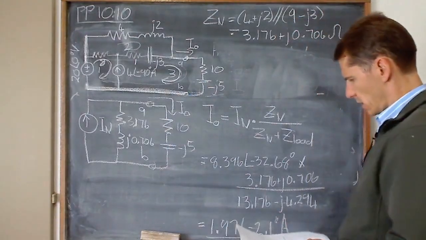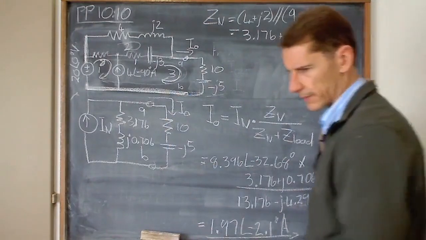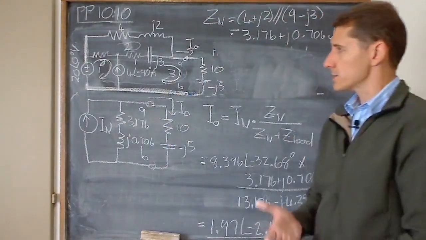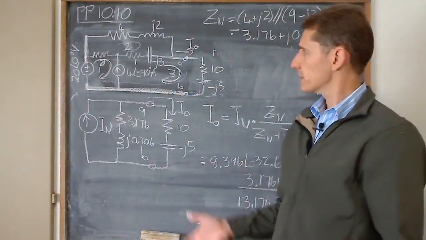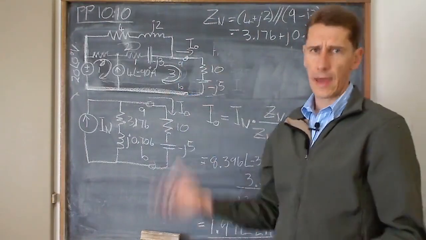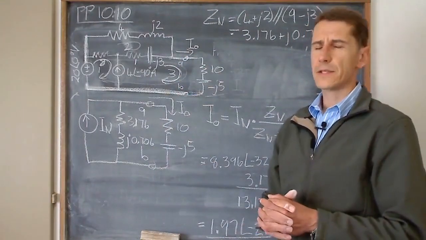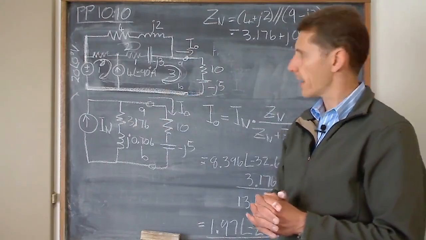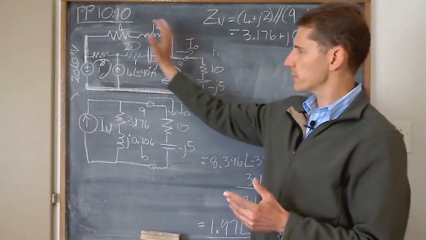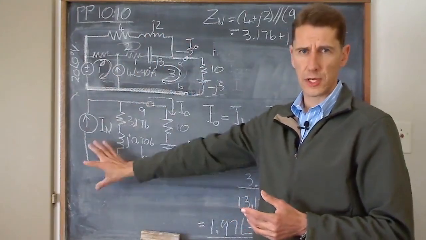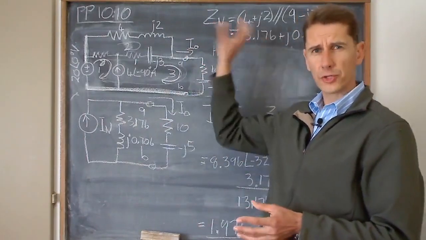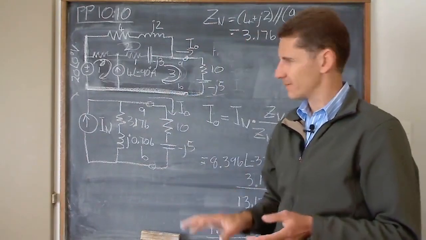Okay, that's the last answer for today. So what was the objective? To calculate I out. They decided to calculate I out by converting this whole circuit into a Norton equivalent circuit. Norton impedance, quick and easy.